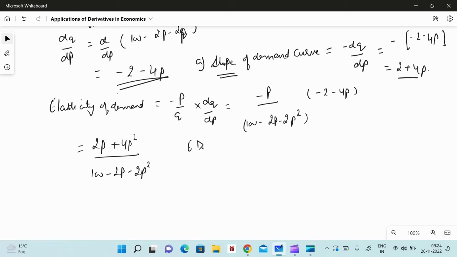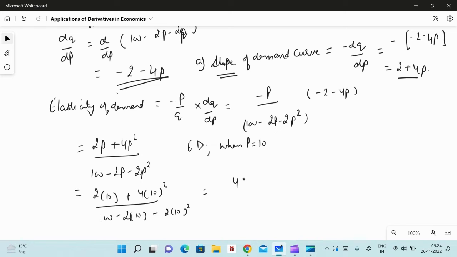Now it is given in the question that we have to calculate the elasticity of demand when p is equal to 10. So in this case, we will put the value of p as 10. The numerator gives me 20 plus 400, so we have 420, divided by 100 minus 20 minus 200, and it gives me minus 120.